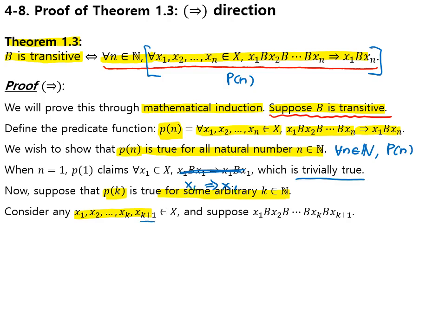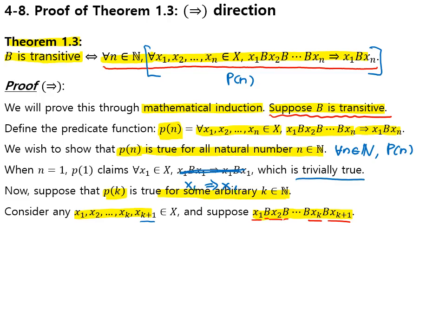And suppose that x1 is connected to xk plus 1 through this chain of concatenations that relate each element by the binary relation B. Okay, so we have x1 is connected to x2, which is connected to x3, and so forth to xk until xk plus 1. Okay?